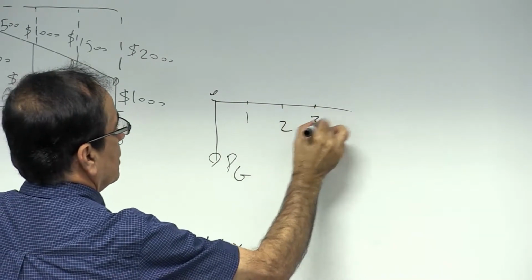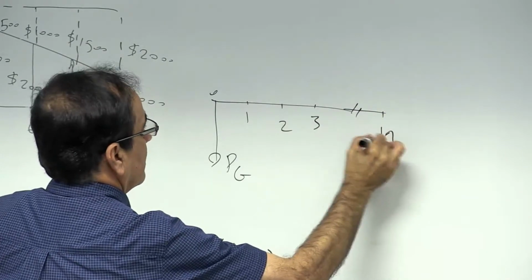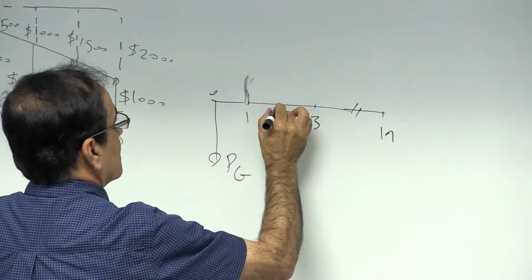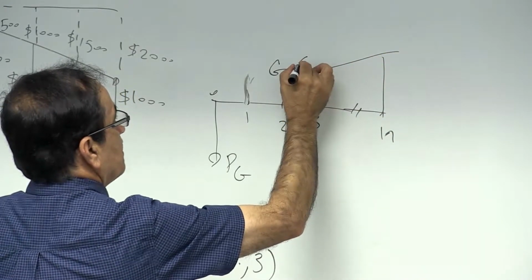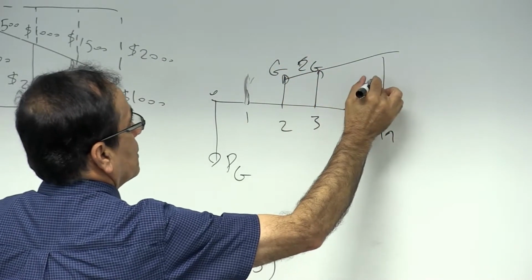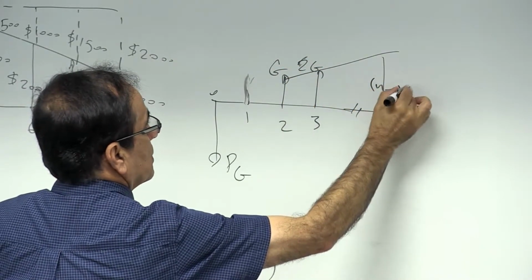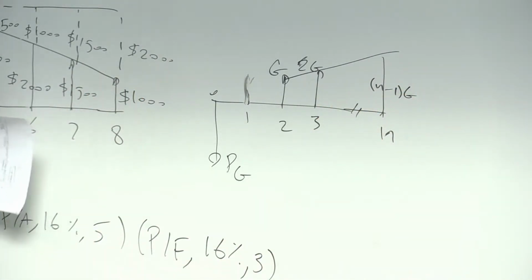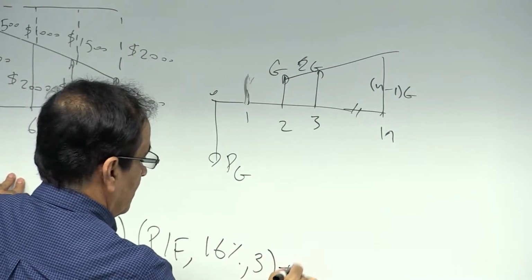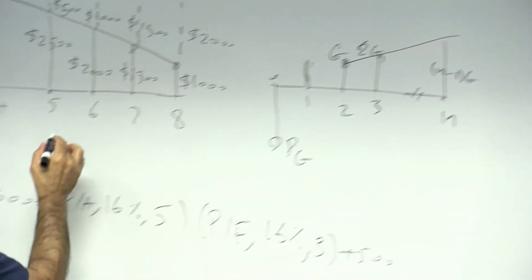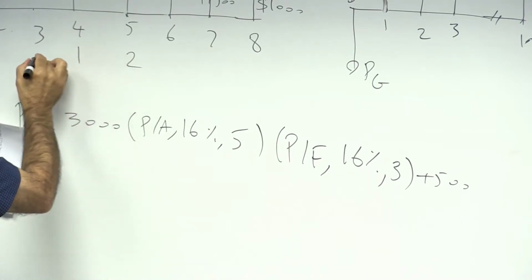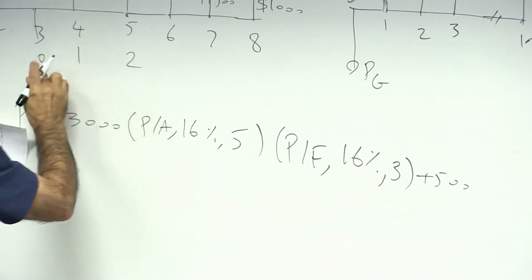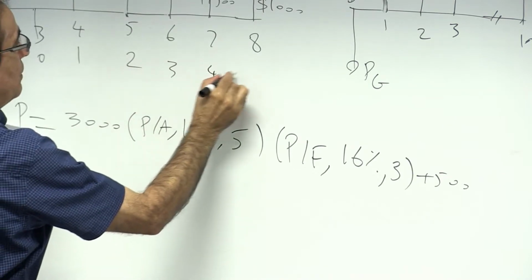This is year 2, year 3, and this is year N. So this is G, this is 2G, and continue up to year N is N minus 1 times G. That's a conventional gradient. This is a shifted gradient. So we got $500. That's the gradient. Remember, we call this year 2 because the increment is at the end of year 2. We're going to call this year 1, and we start the time here. This is year 0, 1, 2, 3, 4, 5.